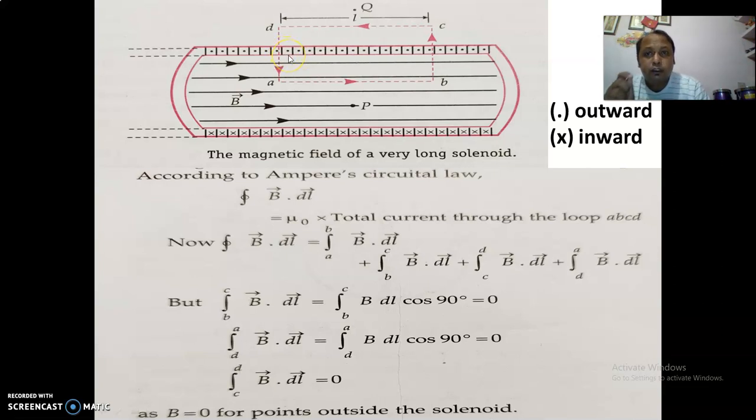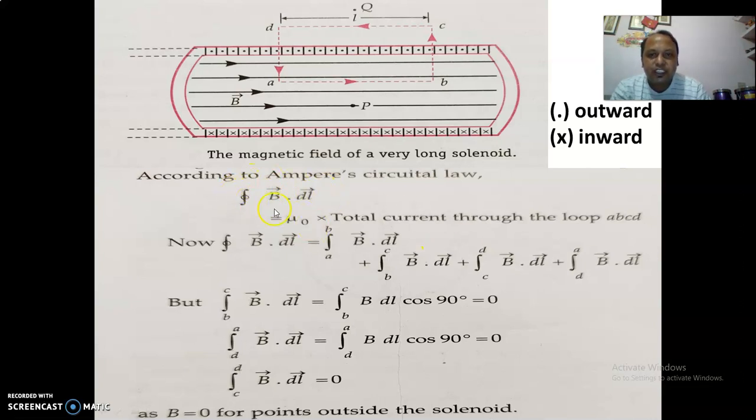Now the value of current through the solenoid is I. If it passes through the Amperian loop one time, the current will be I. If it is 2 times, then it is 2I. For 10 times it will be 10I. So we have to calculate the number of times it actually threads the loop, and then multiply it with I to get the total current.